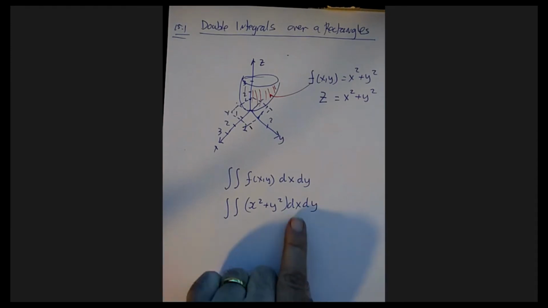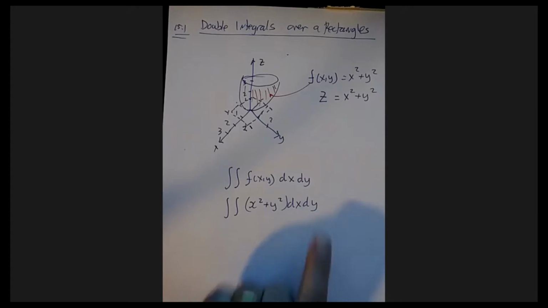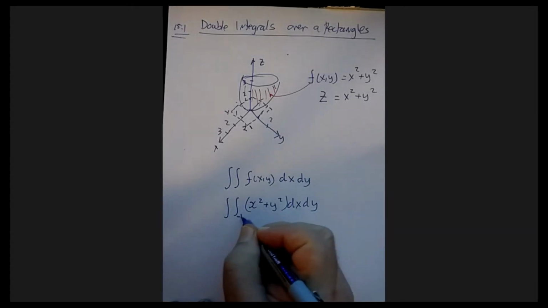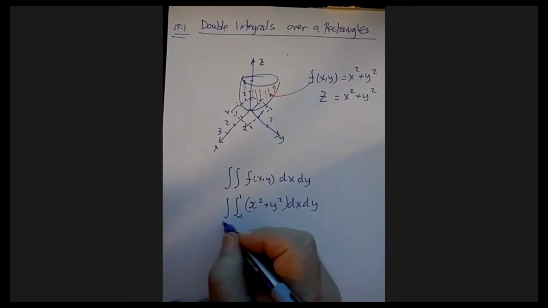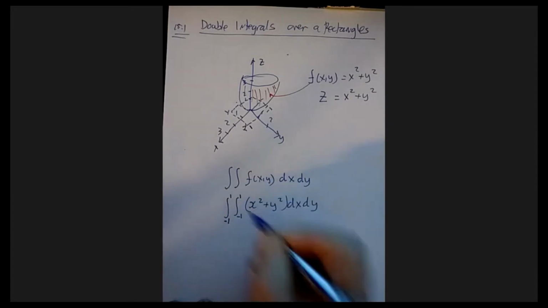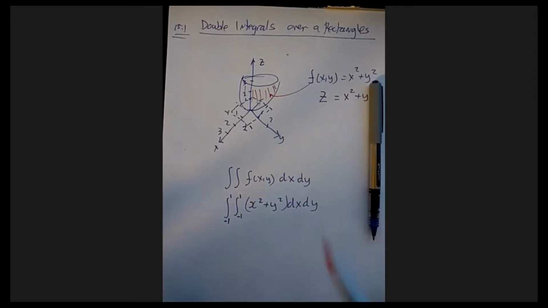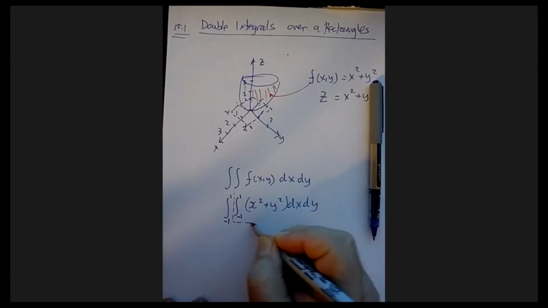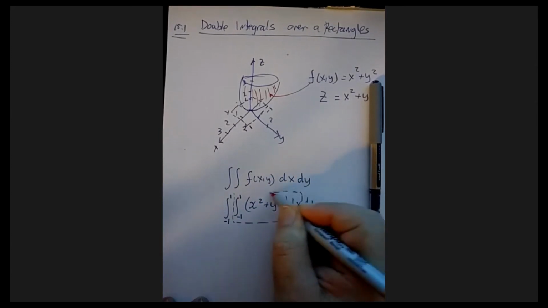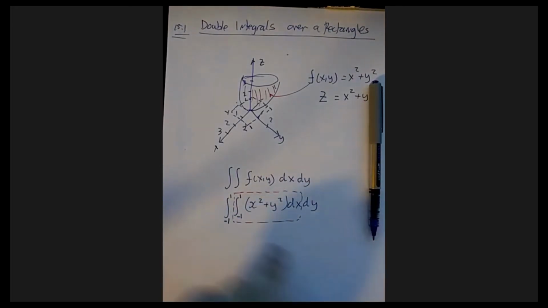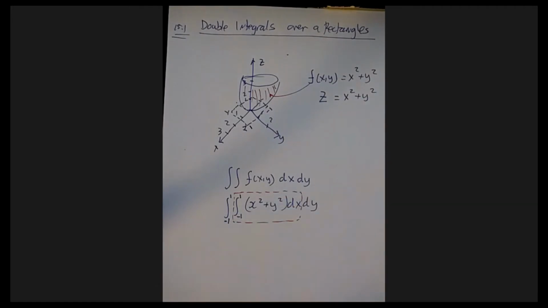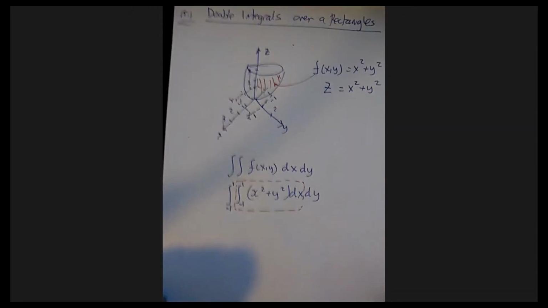Now the notation is that if you do dx first and you do dy second, then the limits of integration of the x's go here, and then the limits of integration of the y's go here. So just to put emphasis on it, the dx's go first and the dy's go second. Now in this particular example, since the x's and y's are the same values, you can't really tell that that's what's happening. But I think in my next question, I'll choose a shape that has different values.